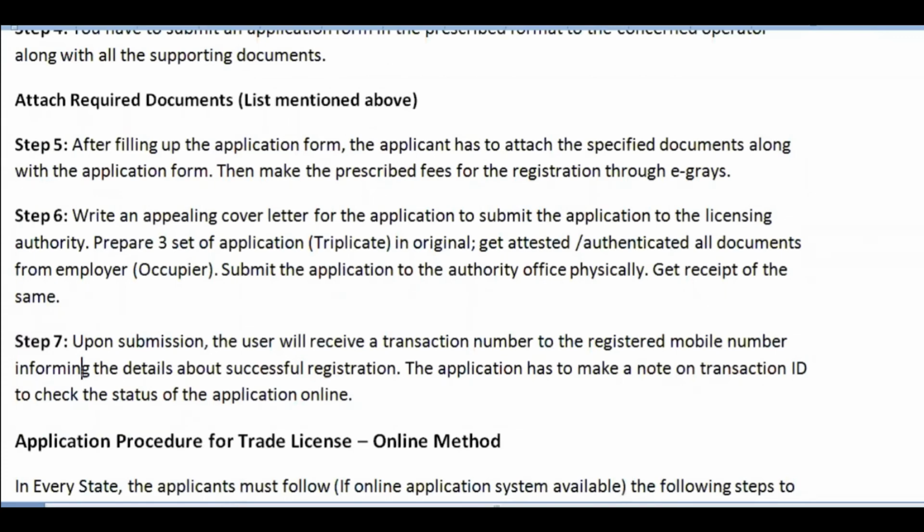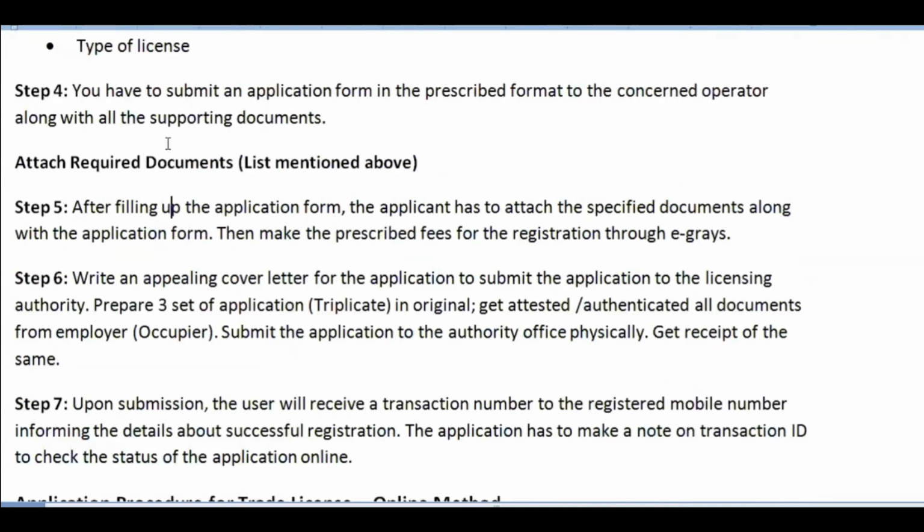Step number 4: submit the application in the prescribed format, enclosing all the documents, to the concerned operator along with all the supporting documents. Attach and enclose all the required documents. The document list has been shared above.